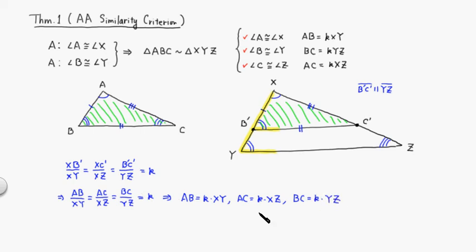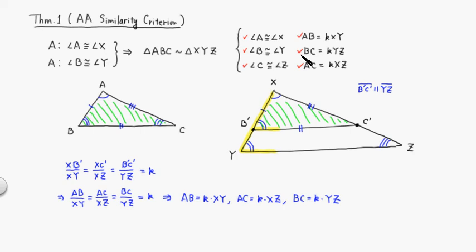Then we basically have everything we need. AB is K times XY, we got that. BC is K times YZ, we got that. And AC is equal to K times XZ, we got that.